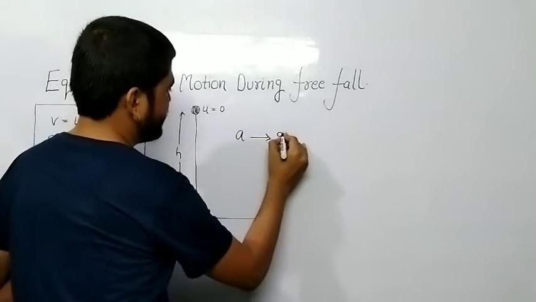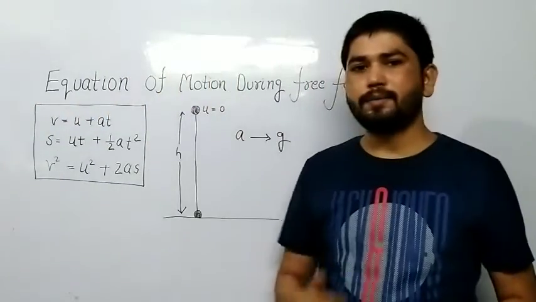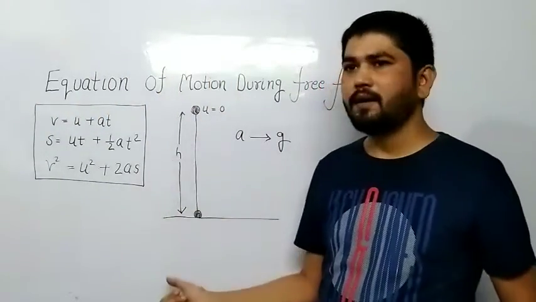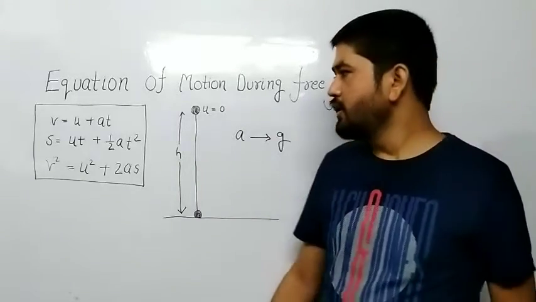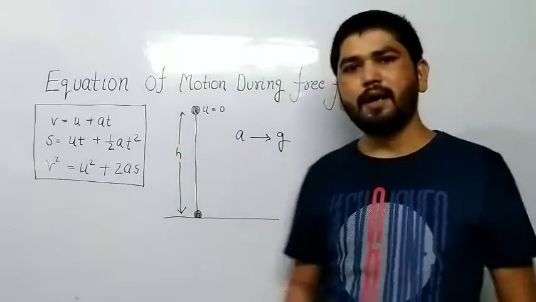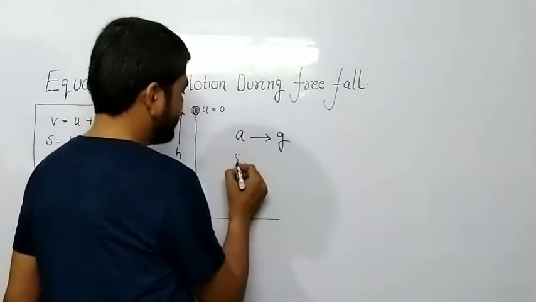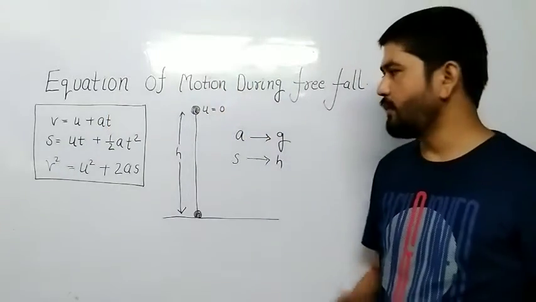Now suppose a ball is dropped from h meter height. Here it was displacement, so this will be converted into height. So we will write s as h. Any problem? No.